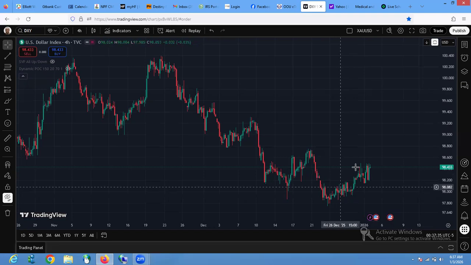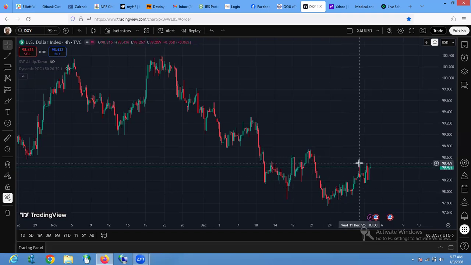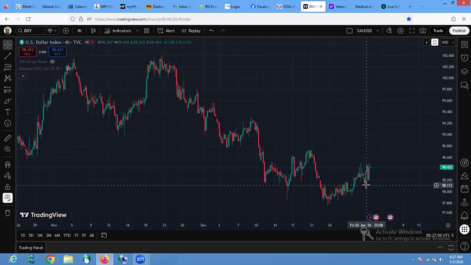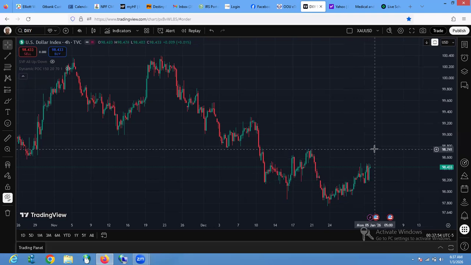So the old ABC may turn out to be a bigger A, and the movement here will turn out to be a B wave. That means a bigger B wave. If it is a bigger B wave, then this will be going up to break the top.